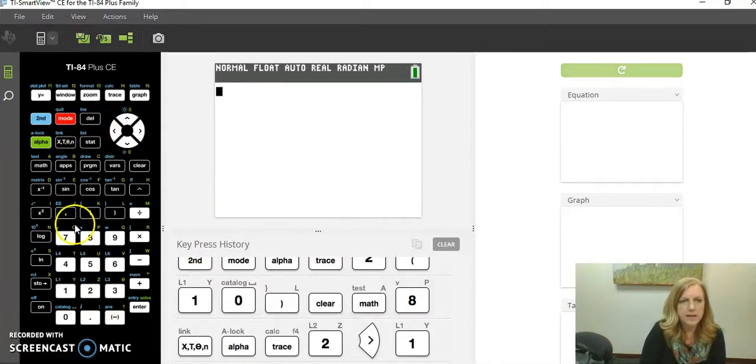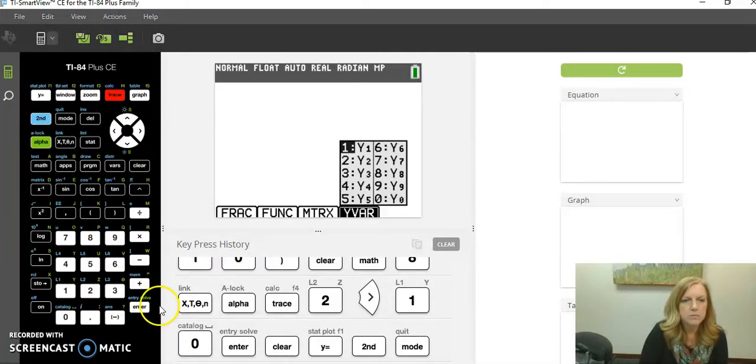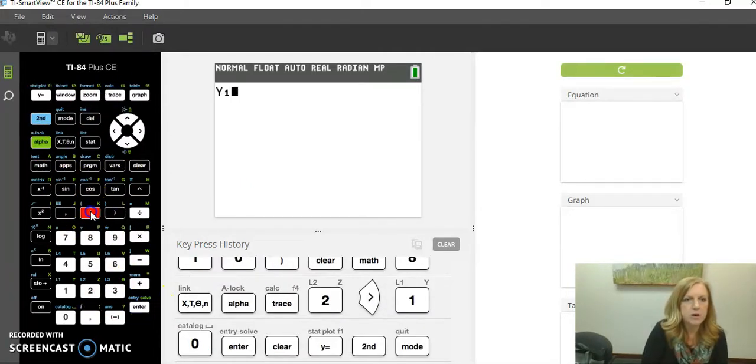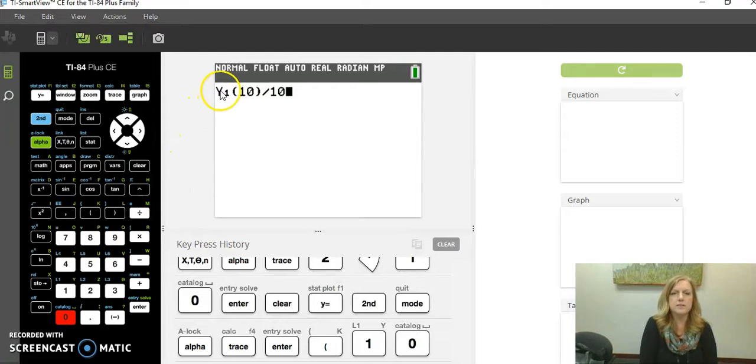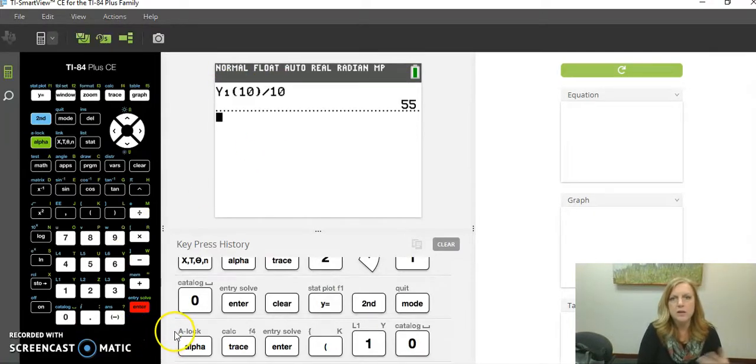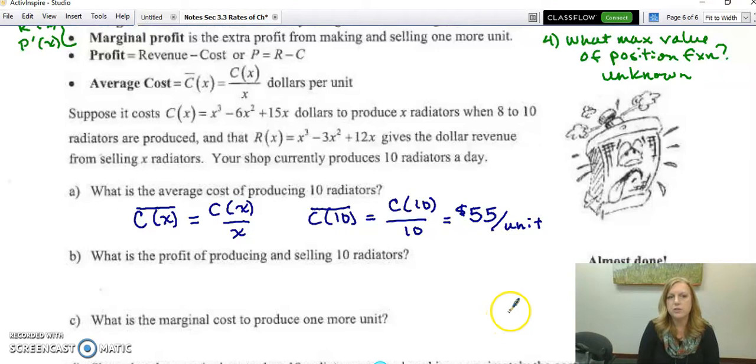I need to calculate my cost, so Alpha F4, cost was in Y1, and I'm going to take my cost at 10. The calculator does function notation for us. It's not going to take that times 10. This is f of 10 using the cost function, divided by 10, and we get 55. When we write that down, what are the units? Because they are going to ask that. It's dollars per unit. So dollars per unit is going to be our average cost.